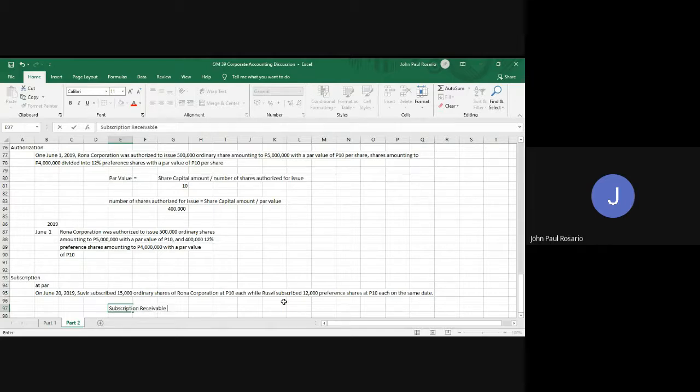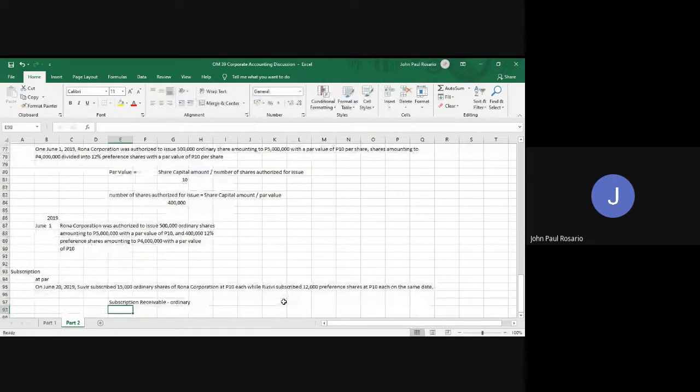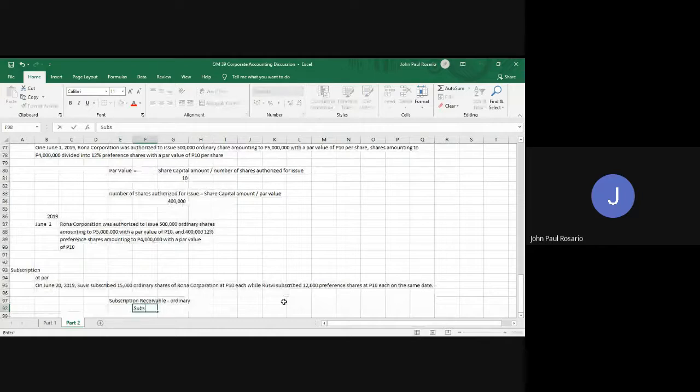receivable, ordinary, and then credit subscribed ordinary share.